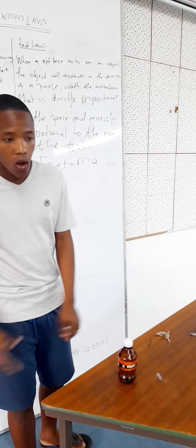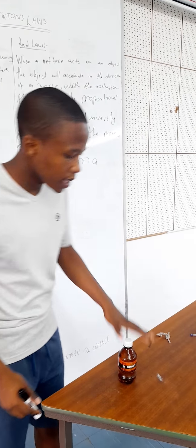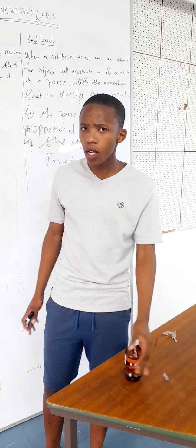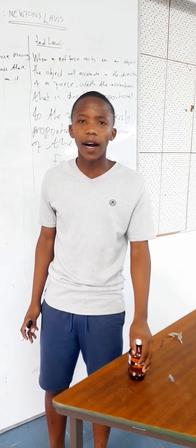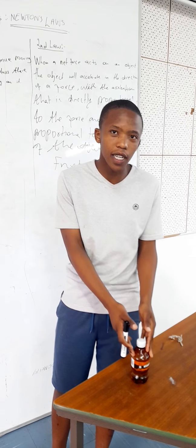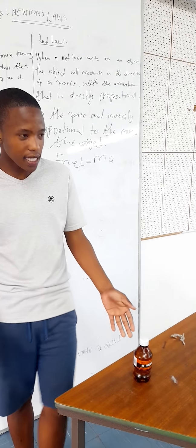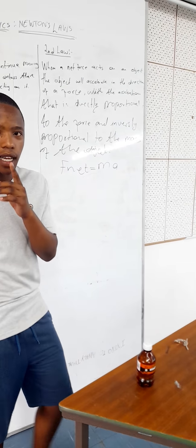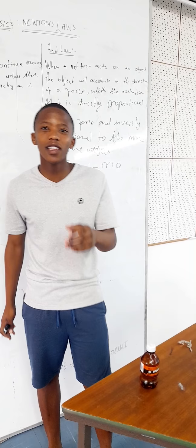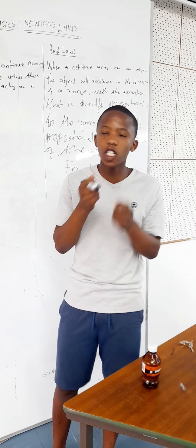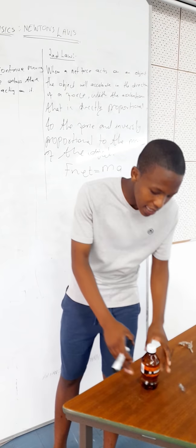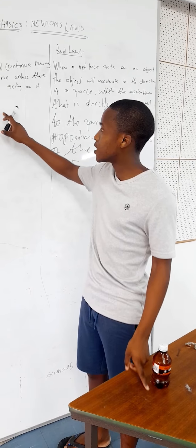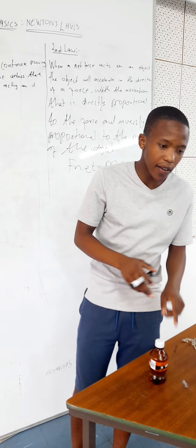Okay, this object is at rest. It is not moving, yes, but at the same time it is moving with a velocity or speed of 0. That means this object is moving with a constant velocity.